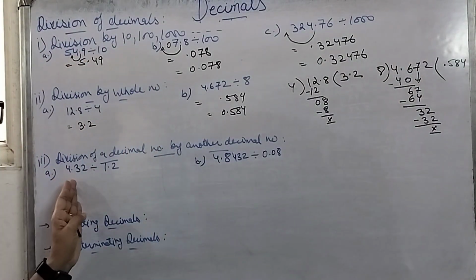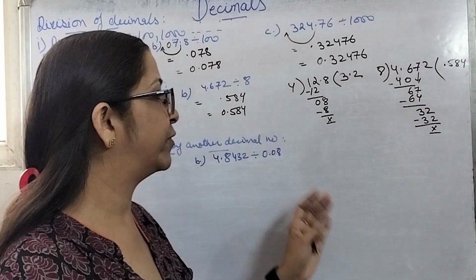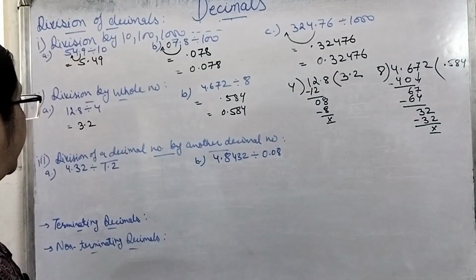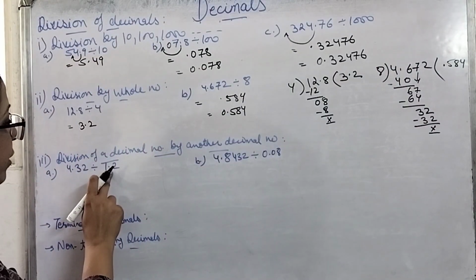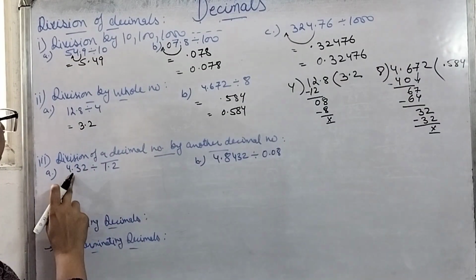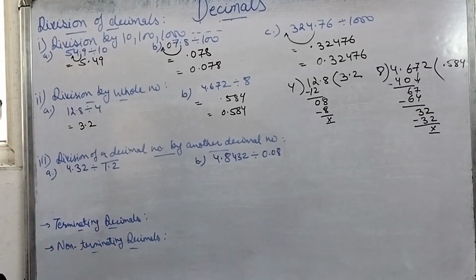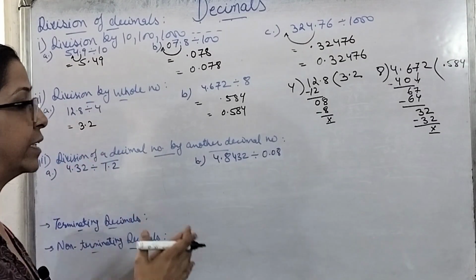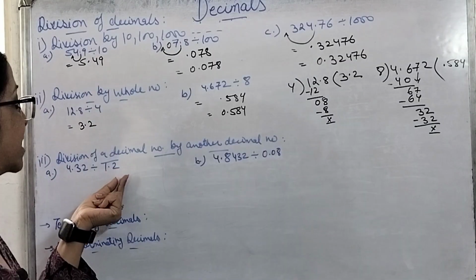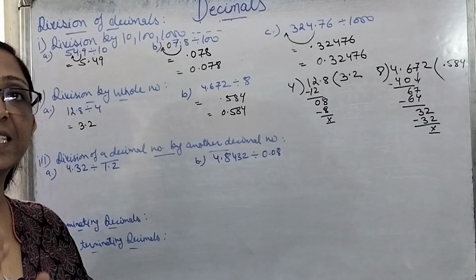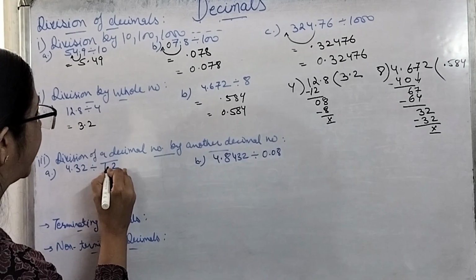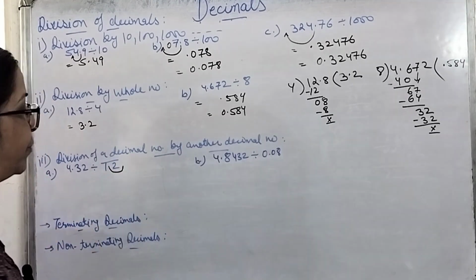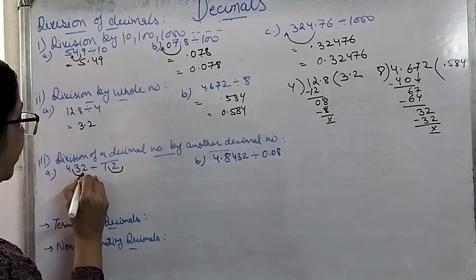Now if the dividend and the divisor both are having decimals, what will we be doing? Over here we can see that after decimal there is one digit. Here we can see that after decimal there are two digits. So we will be shifting the decimal places in the dividend also, in the divisor also, towards the right by the same number of times. So here we have shifted it by one digit and we will be shifting it also by one digit.